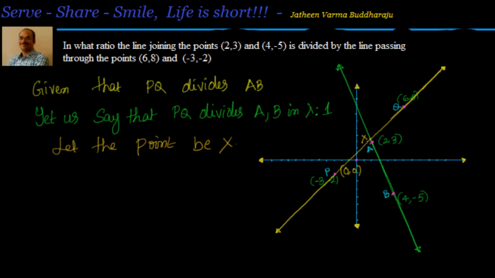So first I will find the coordinates of X using the section formula. You should be very well versed with the section formula by now. Then we will use the 2-point form to find the equation of PQ, and in that we will substitute the coordinates of X, which will give us lambda, nothing but the ratio in which it is divided.